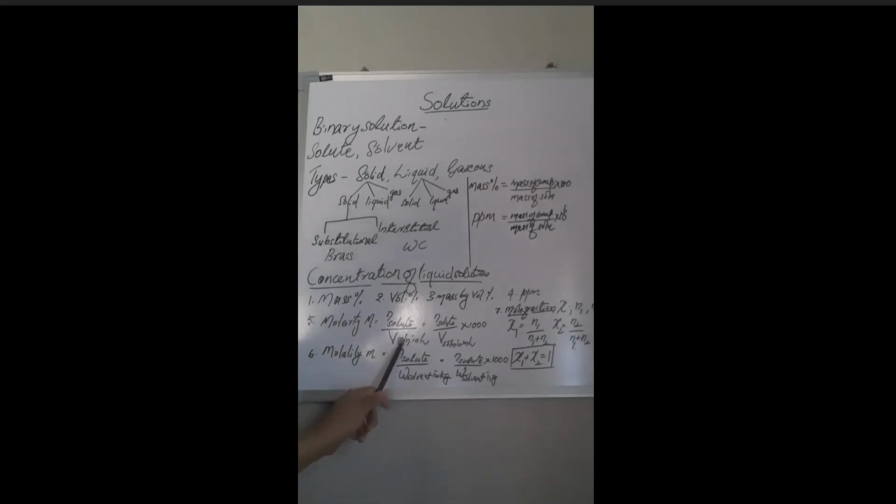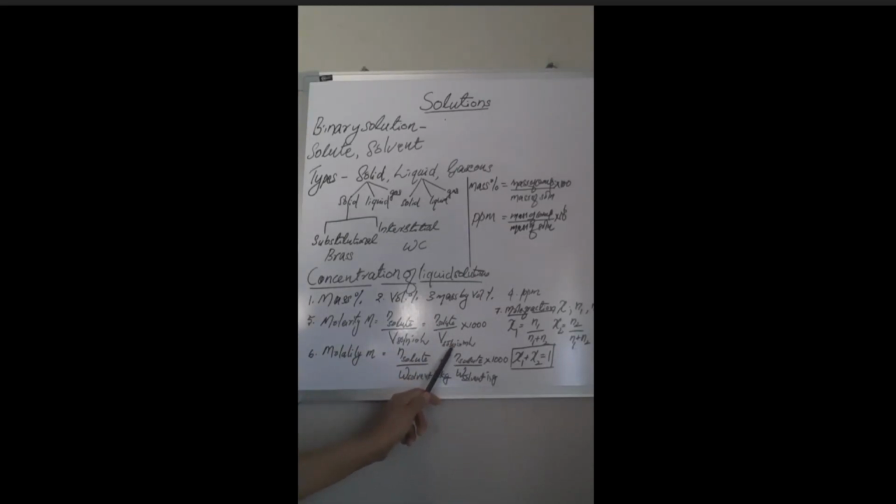So it's very clear that the unit is mole per liter. Since normally volume is given in milliliters, we can write the equation as n solute divided by V solution in ml, into 1000.